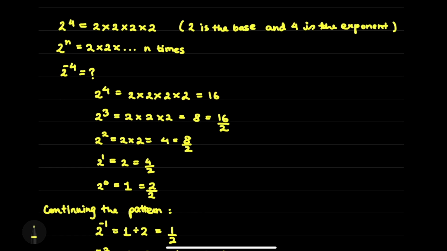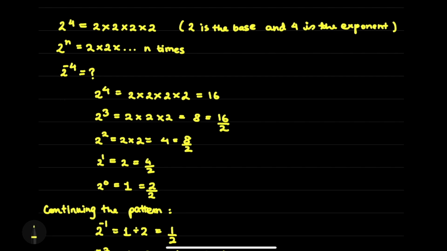Okay, let's first understand what 2 to the power 4 means. 2 to the power 4 is 2 into 2 into 2 into 2, which is 16. Coming down one step, we have 2 to the power 3, that is 2 into 2 into 2, and that is 8. And that can also be expressed as 16 by 2.